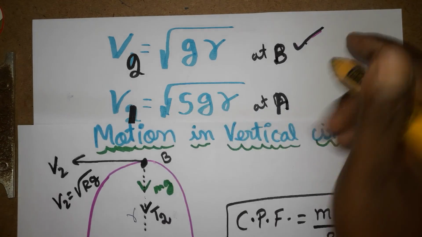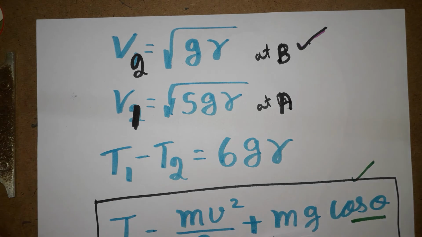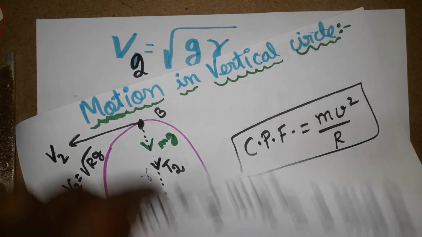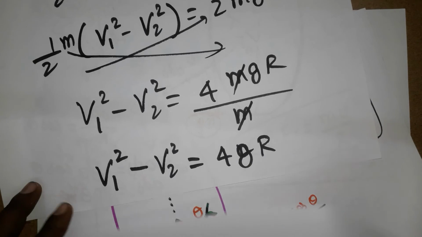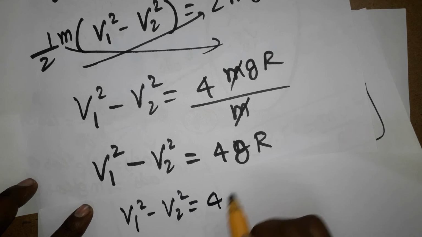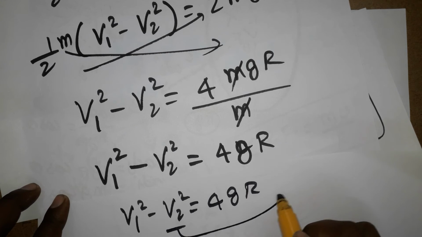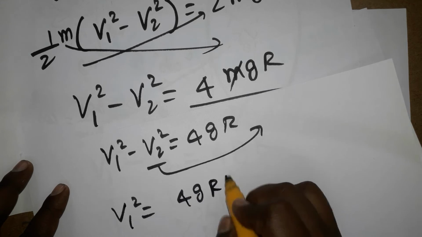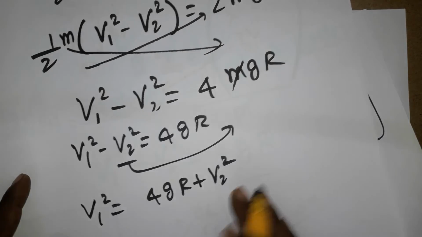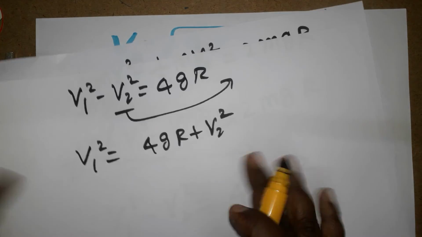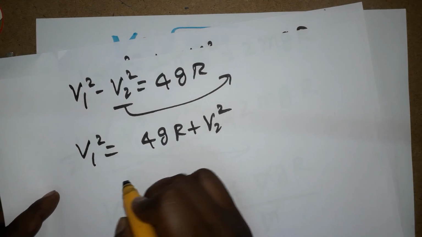Now we have the v2 velocity. Now we are going to find the v1 velocity. From the previous equation we have v1 square minus v2 square is equal to 4gr. Bringing v2 from here to here, v1 square is equal to 4gr plus v2 square. v2 square at the point of B is root of gr squared, so v2 square is going to be gr.